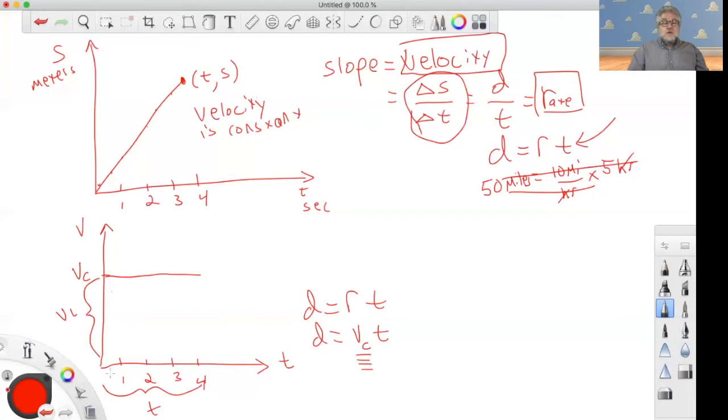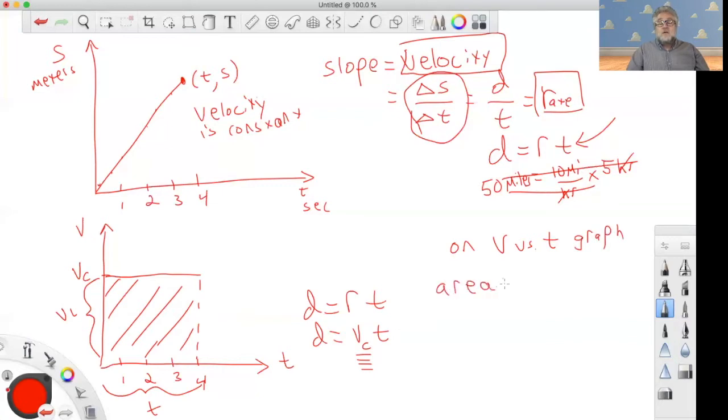So length times width, this kind of looks like the area of a rectangle, doesn't it? Oh, look at that. It looks like on a velocity versus time graph, area equals distance.